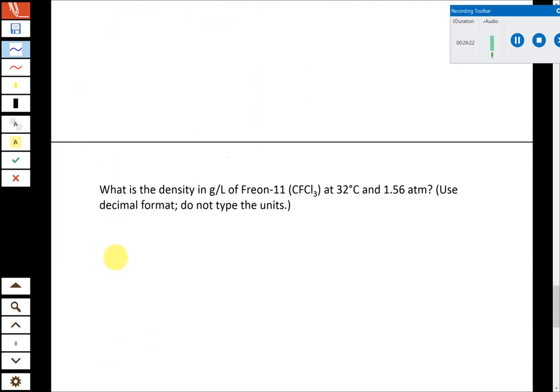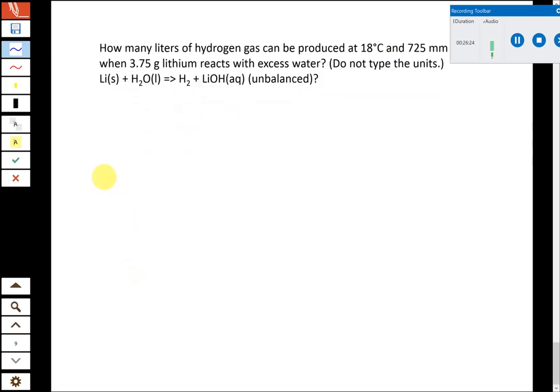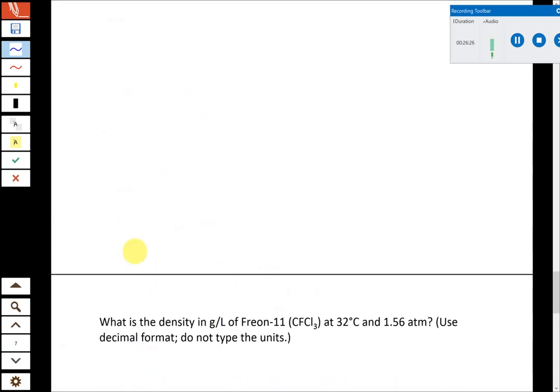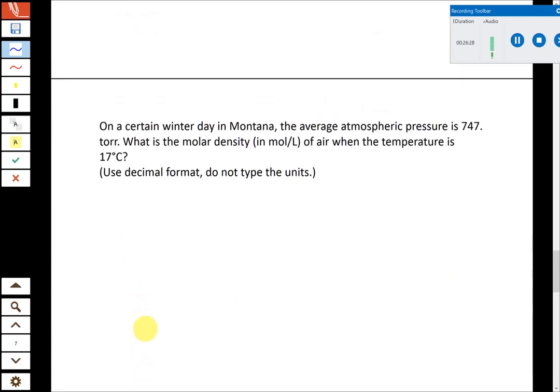All right, the next two we're going to deal with are going to be density. So for gas density, we have two related parameters. So molar density, which is moles divided by volume. So remember, density is something per volume.